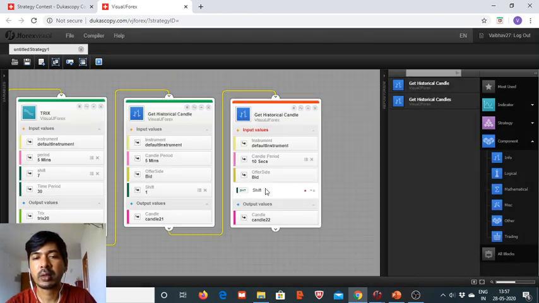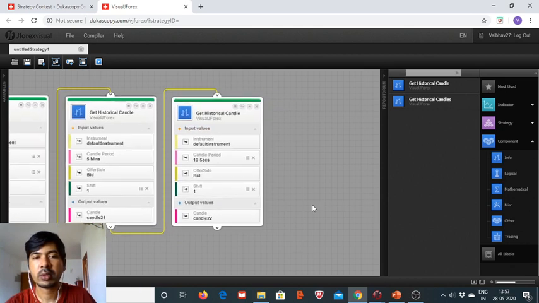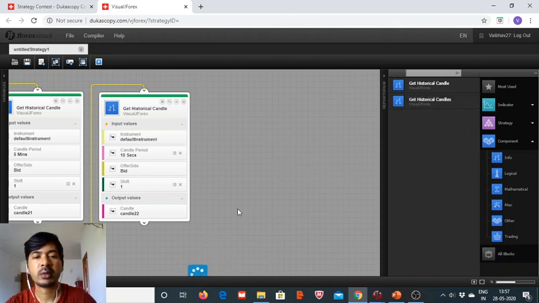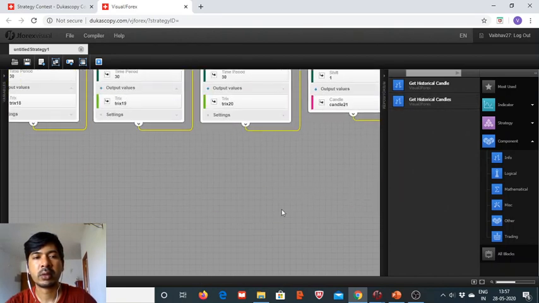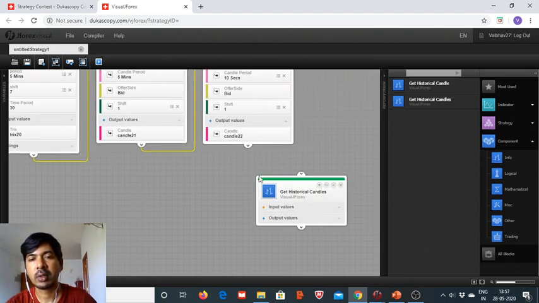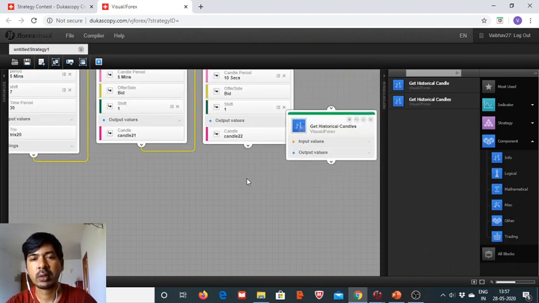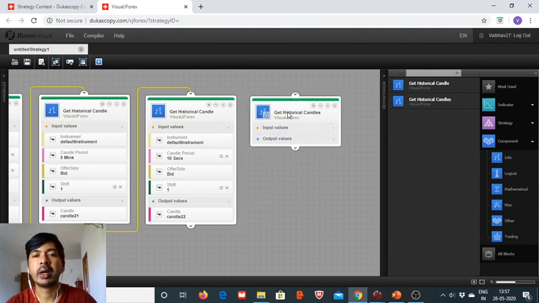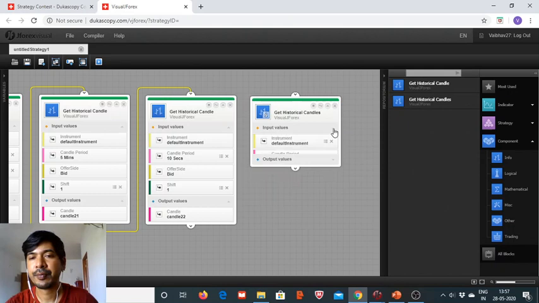Shift 1, last 10-second candle close, and I think we should, okay, we will define these at shift 2.